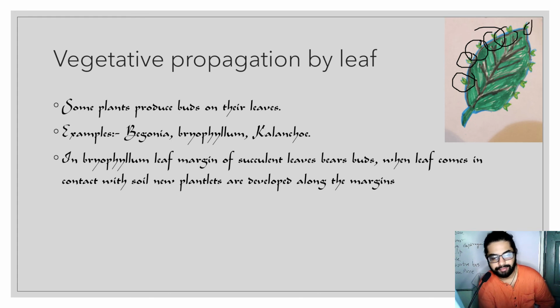In bryophyllum, the leaf margin of succulent leaves bears buds. You see green color, small buds. So once the leaf gets detached or the leaves come in close contact with moist soil, and upon finding a suitable situation, these buds develop into new plantlets along the margins. So this is vegetative propagation by leaf.